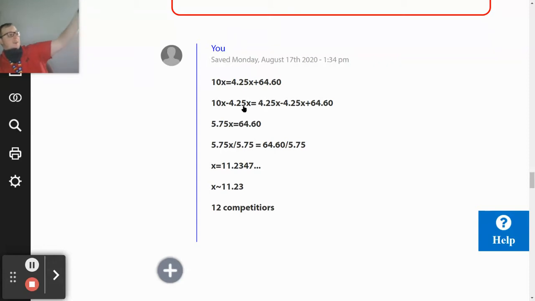That's why that x comes down. 64.6 divided by 5.75. We don't do this in a vacuum. Do it in a calculator, and you got 11.2347..., which is approximately, I don't know how to do the approximate symbol with this.